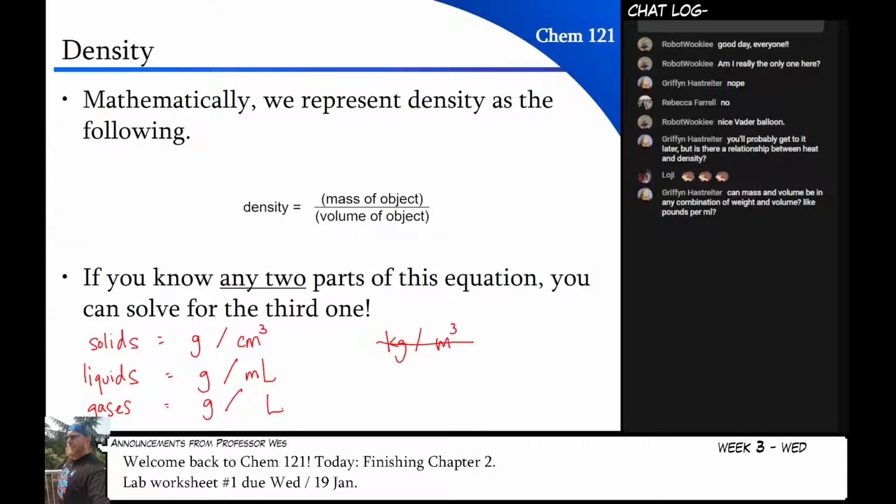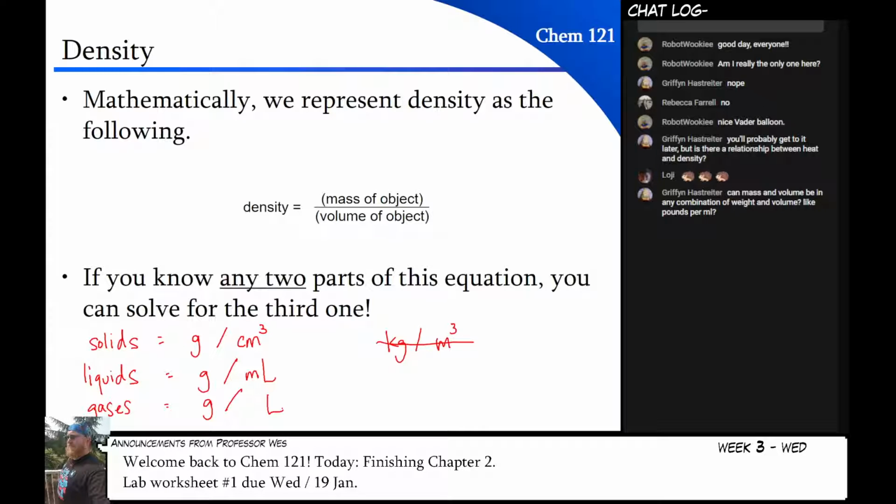If you go to the moon, your weight will change because gravity changes, but your mass remains the same. So we have to use mass in this case. We can't use pounds because pounds will change relative to where you are in the universe. If you are floating around in outer space, then your weight ends up being 0, and so density wouldn't work.